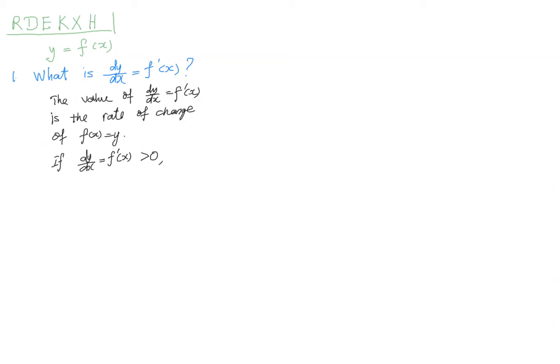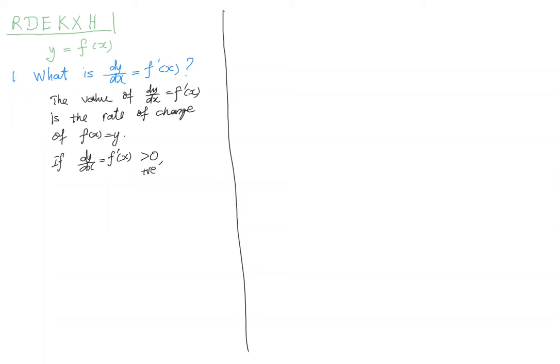If dy dx equal to f prime x is greater than 0, it means a positive value. This means what? How do you interpret a positive value?